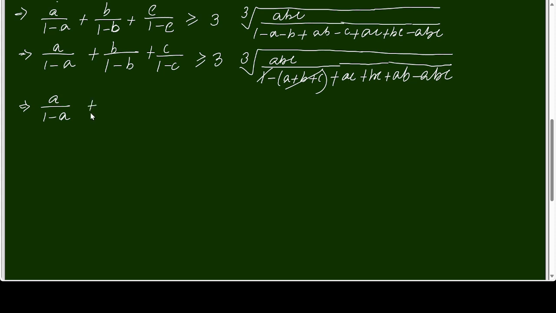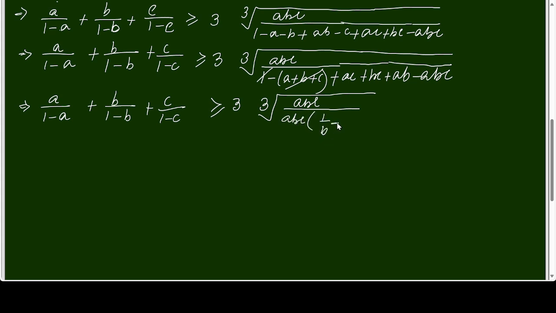So in the next line I'll get a over 1 minus a plus b over 1 minus b plus c over 1 minus c is greater than or equal to 3 times the cube root of, here I'll take abc from the denominator common. If I take abc, it will be 1 by b c, 1 by c a, 1 by a minus 1, and this abc will be cancelled.